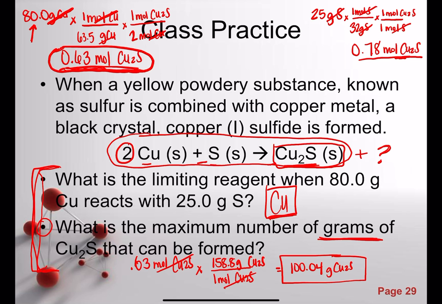But make sure you're calculating to the right product, not the reactant, because it's not necessarily the same for both products. The limiting reagent for one product could be different than for another product, okay? So you all pause me here. You all try those two problems, and then we'll go over them here in just a moment together.